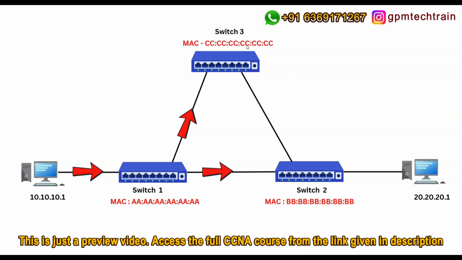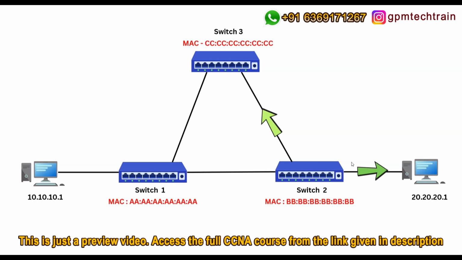Now, switch 3 receives the ARP request from switch 1. The same way, switch 2 also receives the ARP request from switch 1. Let's see from switch 2's perspective. As soon as it receives the ARP request from switch 1, again, except for the port from which it was received, it broadcasts the same request to all other ports.